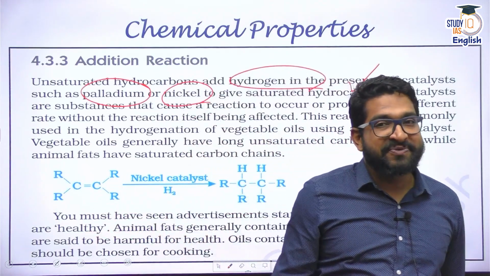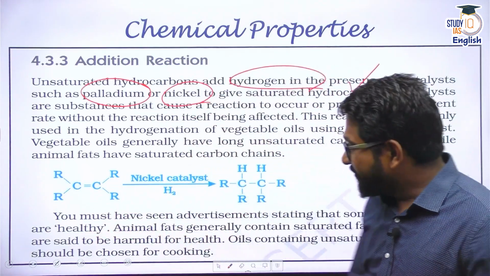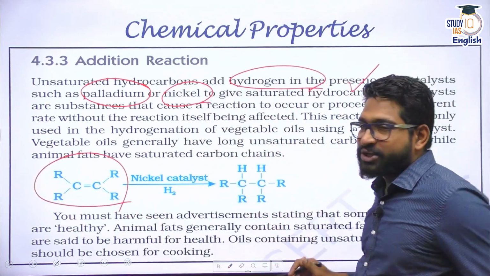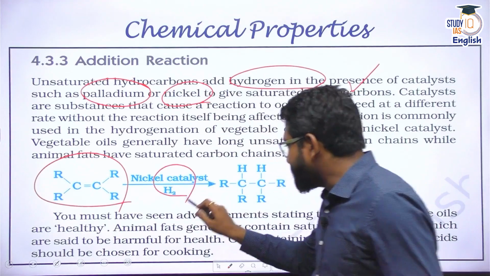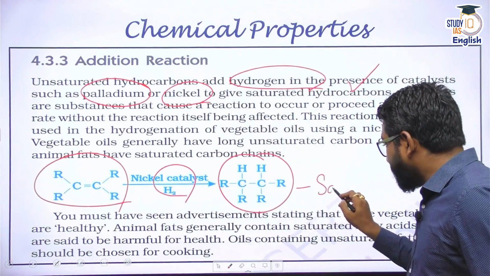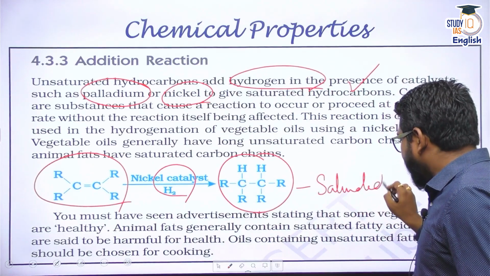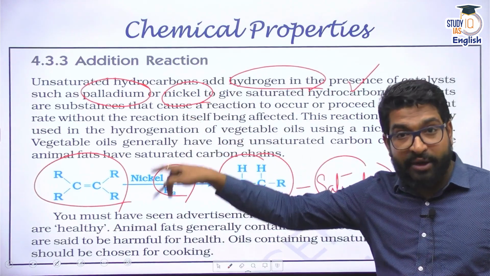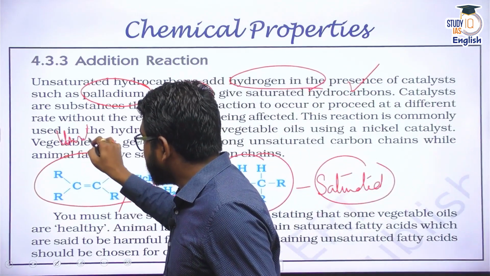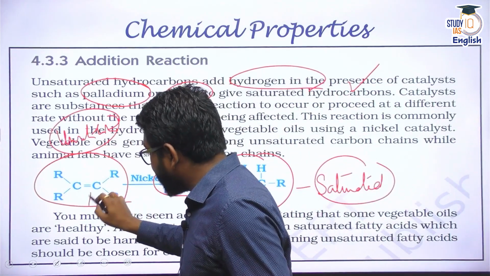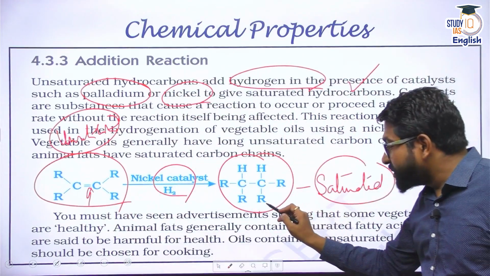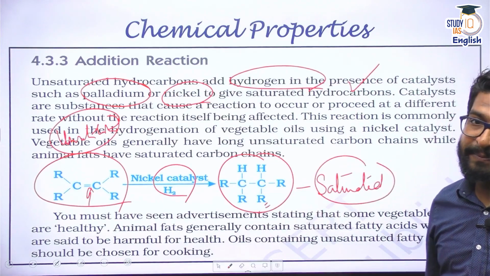So transportation becomes very easy. When vegetable oil is processed through hydrogenation using a nickel catalyst, it leads to saturated hydrocarbons. Please remember, vegetable oils that we consume have unsaturated fatty acids, but once we push them through the hydrogenation reaction, it leads to saturated fatty acids.